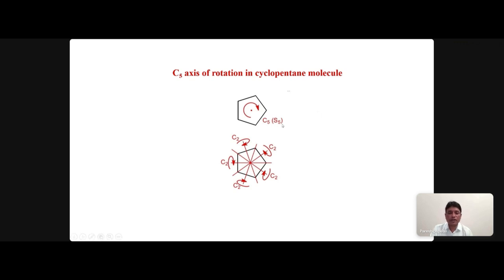Now, if you rotate the molecule along this axis, this axis, this axis, this axis, and this axis by 180 degrees, we get an equivalent orientation. It means the cyclopentane molecule has one main principal axis C5, and C5 is perpendicular to five C2s. So C5 is higher than C2, so C5 can be considered the main principal axis, and the five C2s are the subsidiary axes.